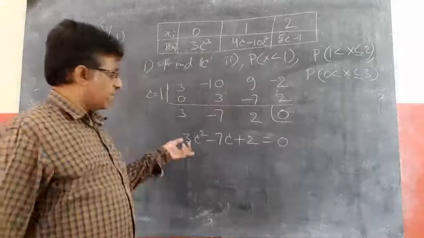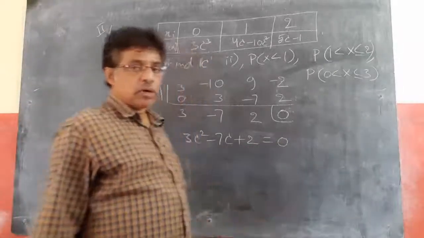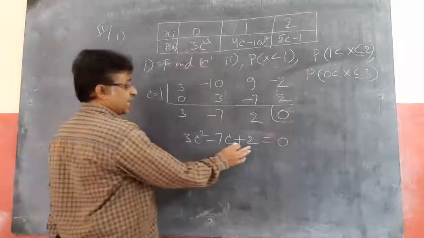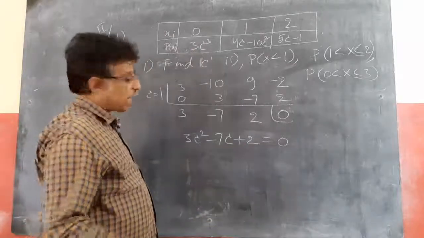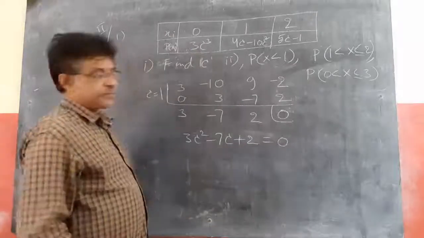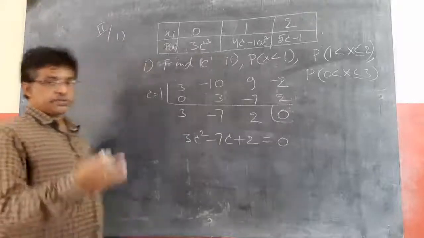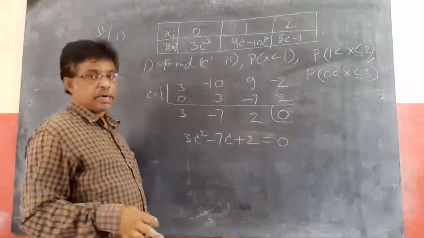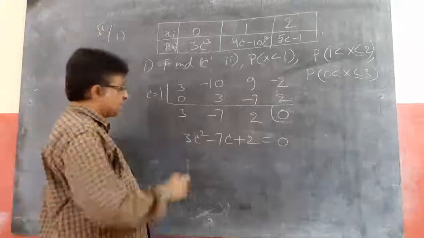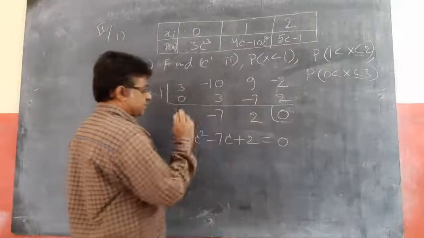So 3c square minus 7c plus 2 equal to 0. Now how to factorize this? Splitting the middle term, or going for the formula, minus b plus or minus root of this over 2a. I am going for splitting the middle term. 3 times 2 is 6, and 6 plus 1 is 7.